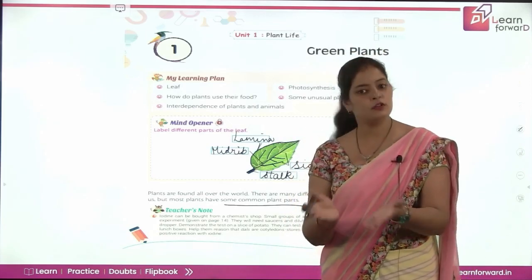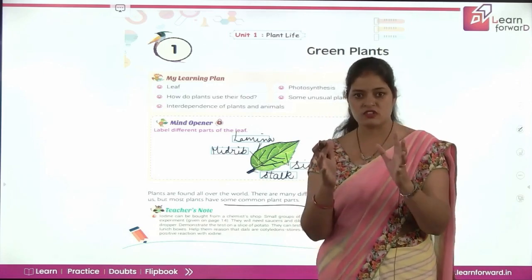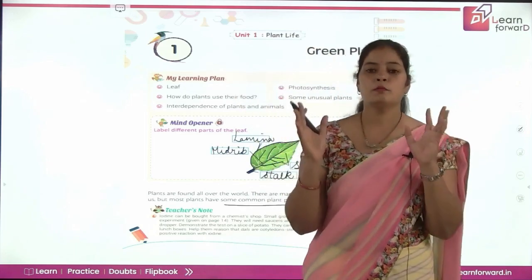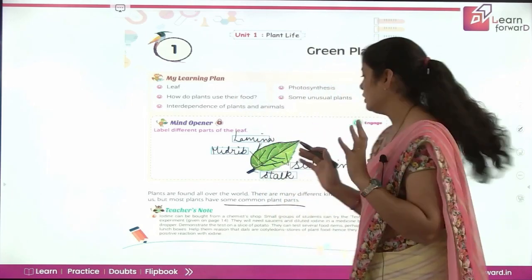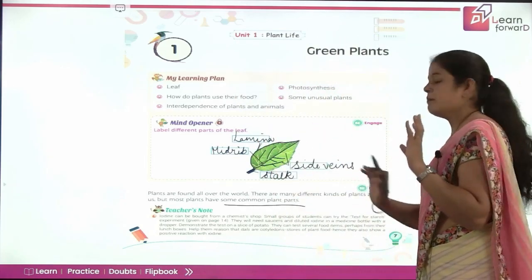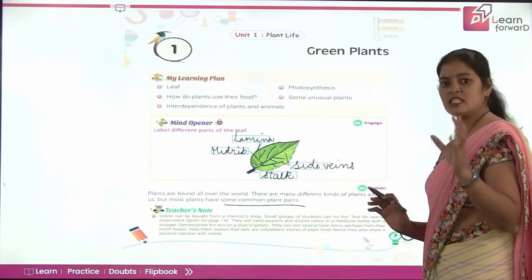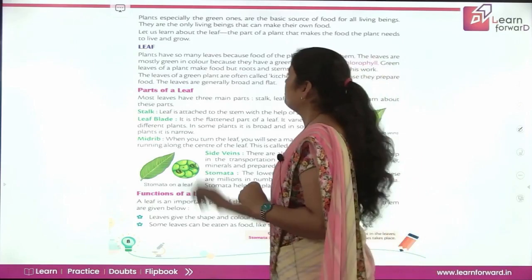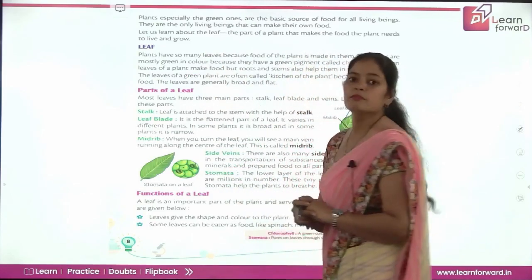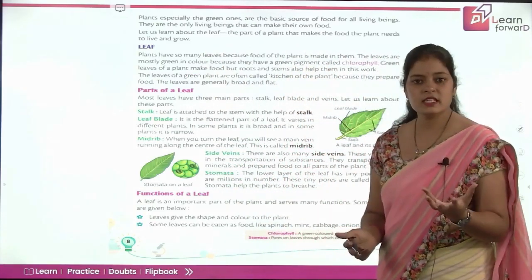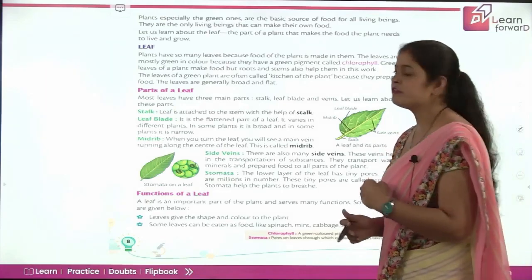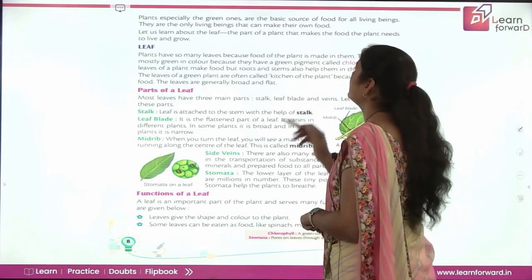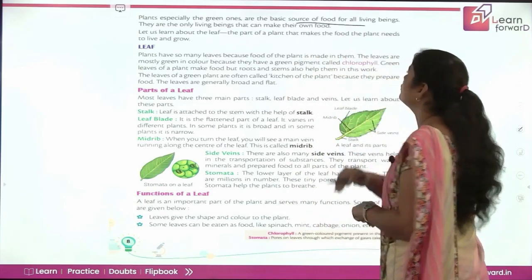They have a root, they have a strong stem of wood, then leaves, the crown part, branches, all these parts. So they have a common basic body design with all plant parts. Plants, especially the green ones, because plants are of some other colors as well, but mostly they are green, are the basic source of food for all living beings.